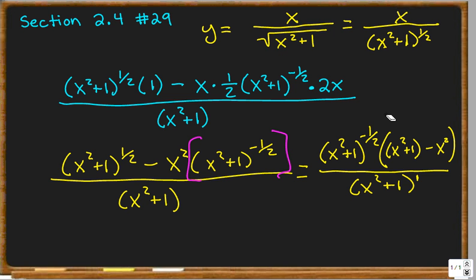So if I move this to the denominator, I have to subtract it away from 1. I need to subtract negative 1/2 from 1. So what I'm going to get on my denominator is x squared plus 1 to the 1 plus 1/2, remember, because I'm taking away a negative 1/2. So this will be to the 3/2.